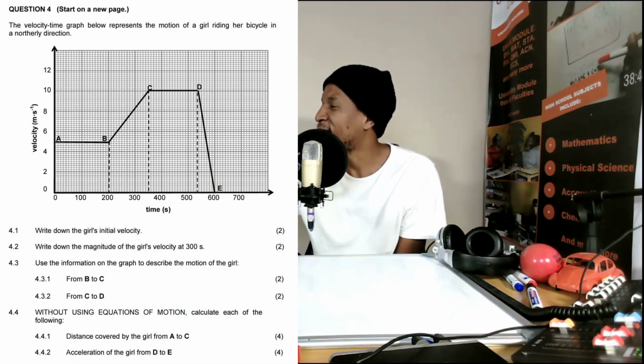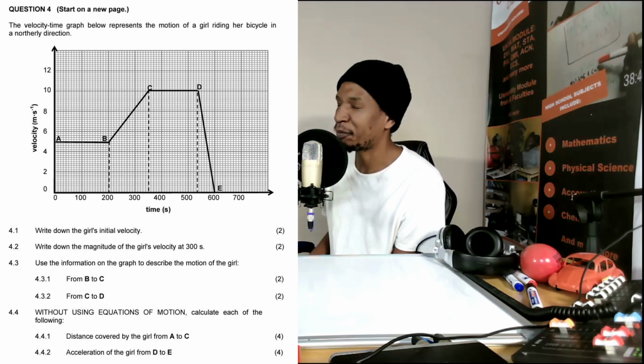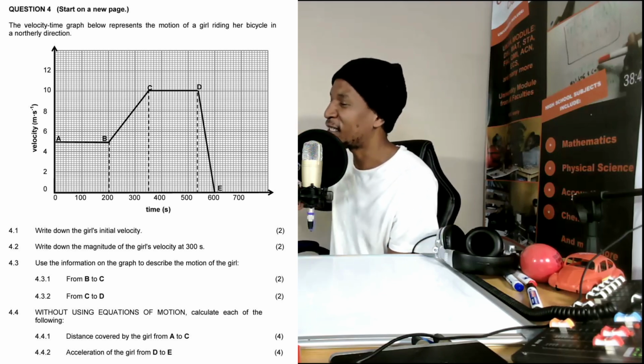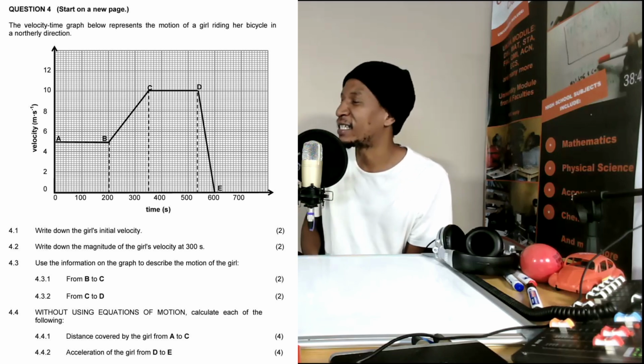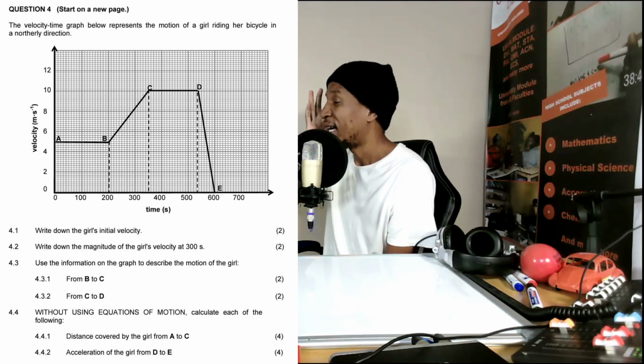We are given that the velocity time graph below represents the motion of a girl riding her bicycle in a northerly direction. So there we have our velocity time graph. The dependent variable is velocity and the independent variable is time in seconds, and the velocity is in meters per second as well.